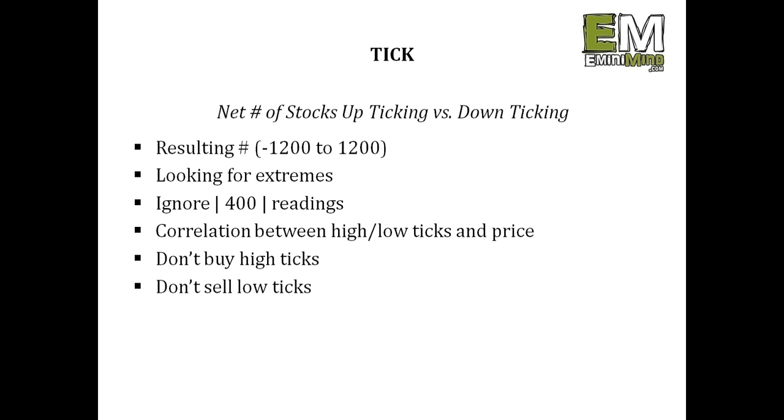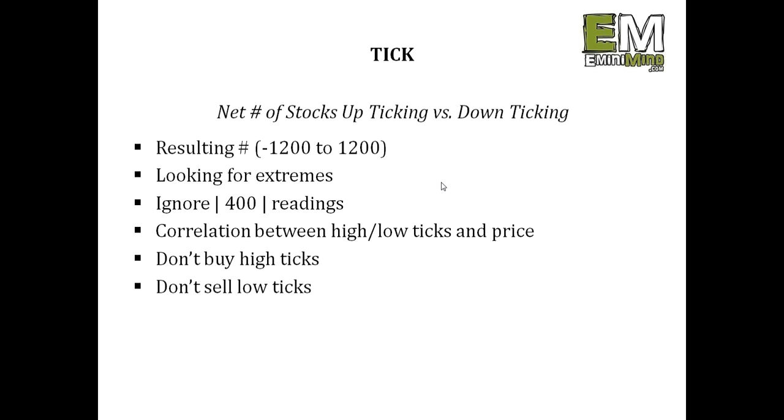I do look for divergences in the tick. So I look at where the high ticks line up, and do they line up with the high price? If we get a high tick, and then after that high tick we get a new high price, that would be a divergence.